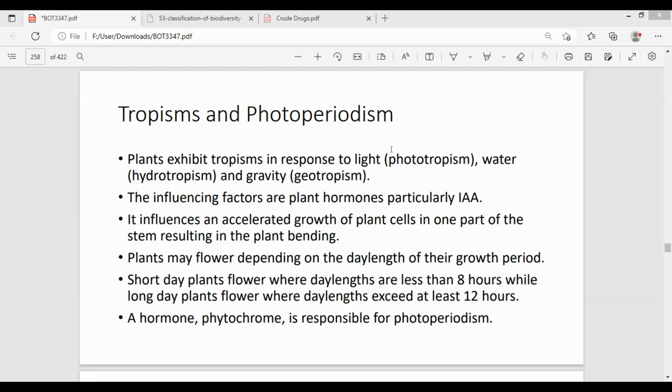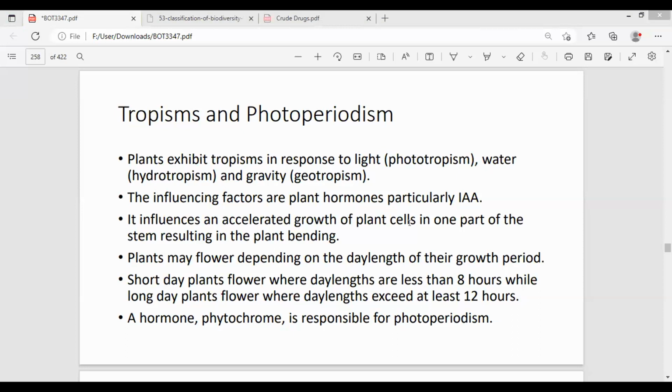It will follow the light, right? Then hydrotropism, hydro means water. Here, majorly, we'll be looking at the roots. The roots will go far and wide looking for water. Gravity is the pull of objects to the center of the earth. The roots always grow downwards to the center of the earth.